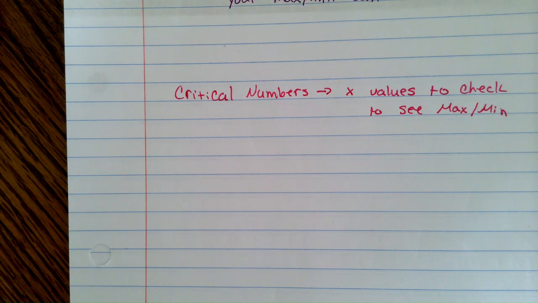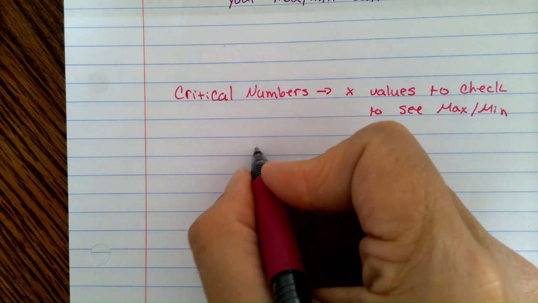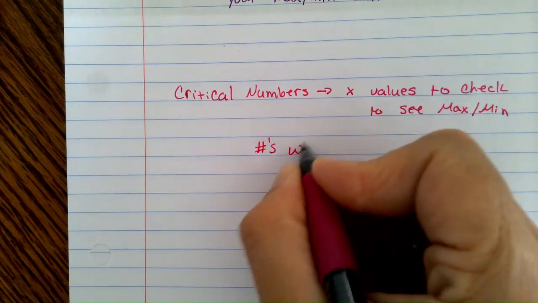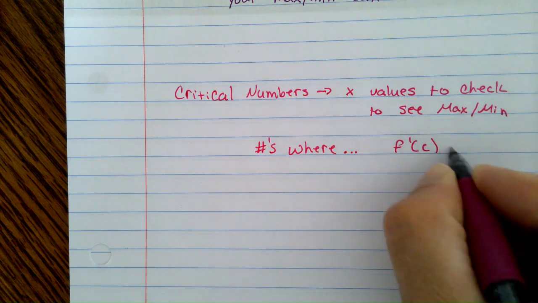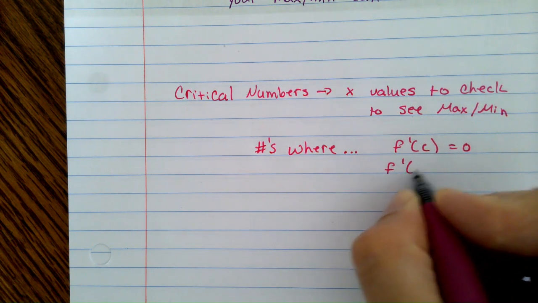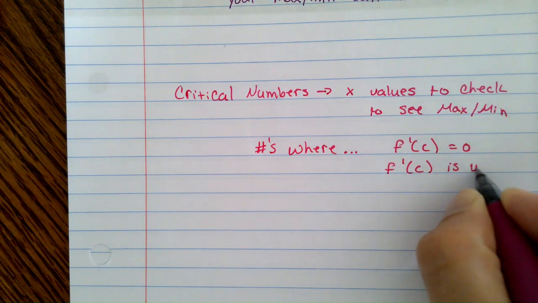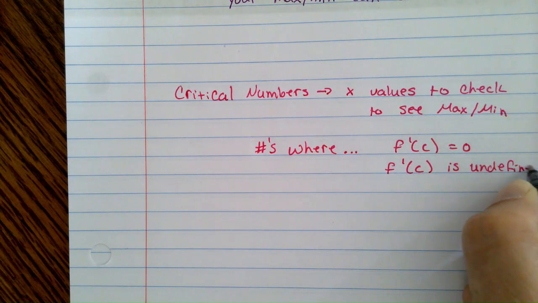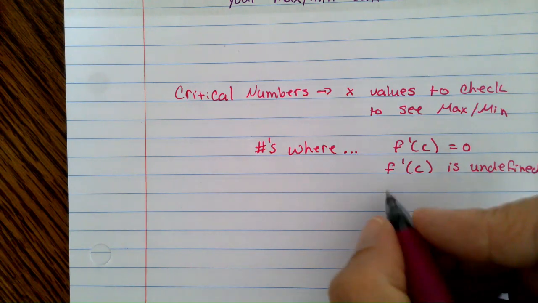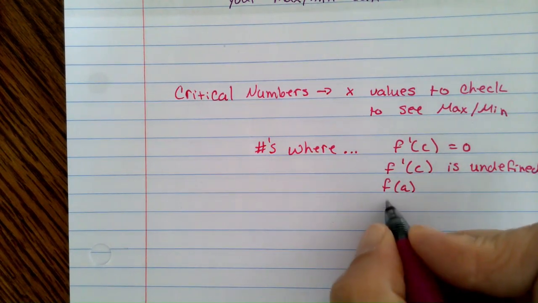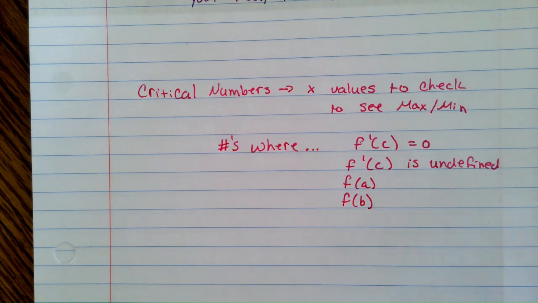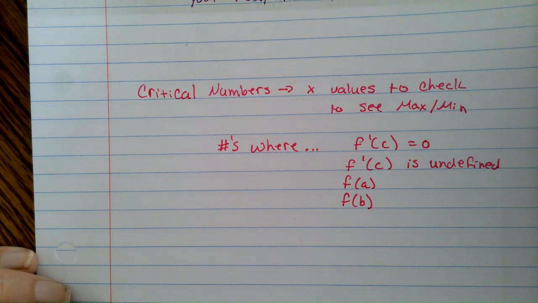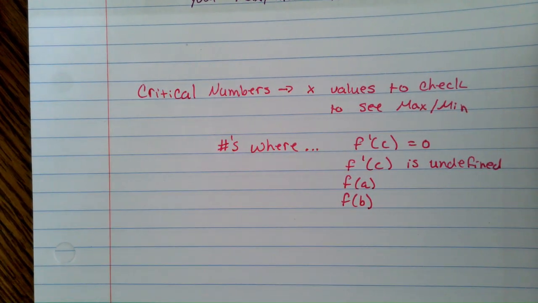They are numbers where the derivative equals 0, the derivative is undefined, and f of a and f of b, assuming they've given you an interval.